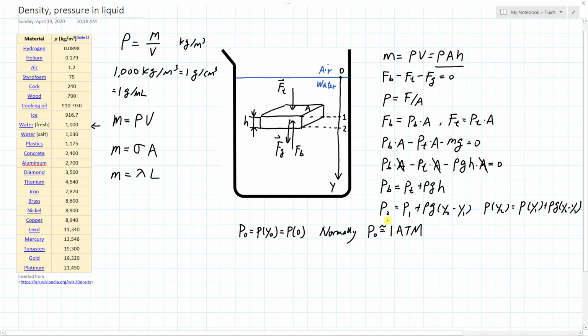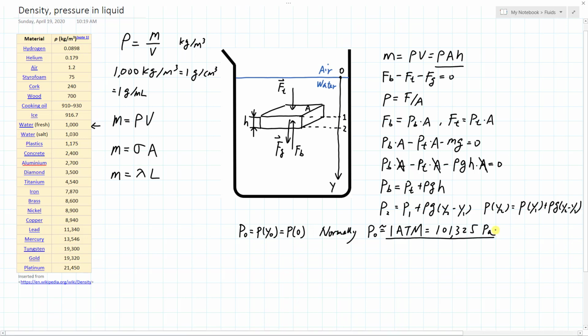So let's say approximately equal. It depends on where you live and also depends on the weather. So this 1 atm is exactly defined as 101,325 pascals. So this is a well-defined value, but the pressure is not necessarily 1 atm. Unless it's given otherwise, we can assume it is 1 atm near Earth's surface.